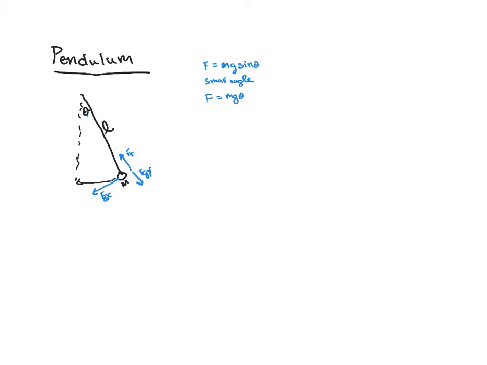Once again we're going to go back to the idea that S equals R theta, S being the arc length, R being our distance from the point of rotation, and theta of course being the angle it sweeps out. So we're actually going to end up replacing this with S equals L theta.